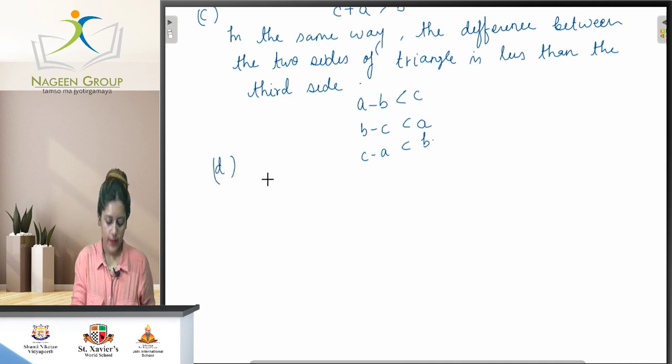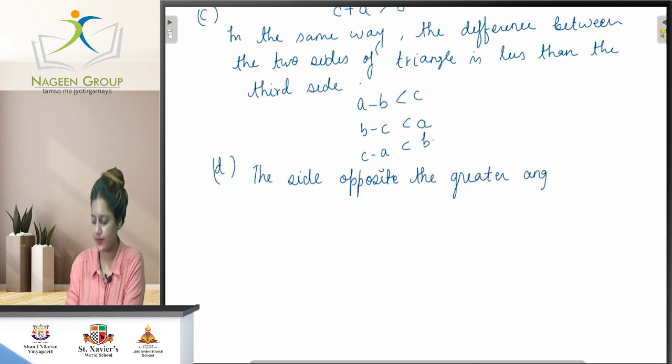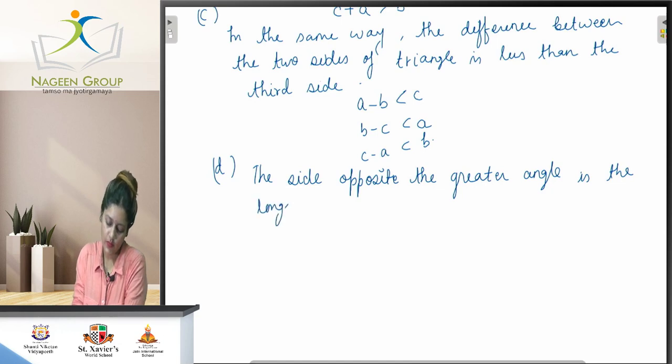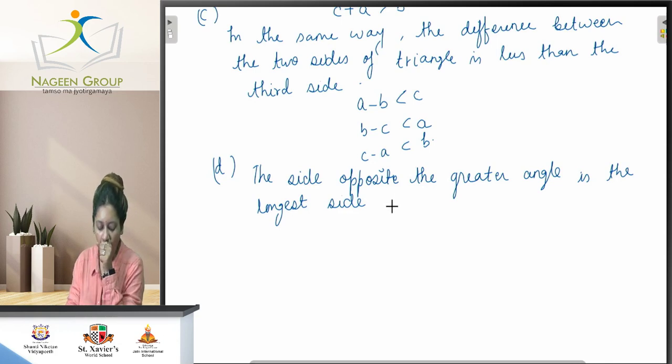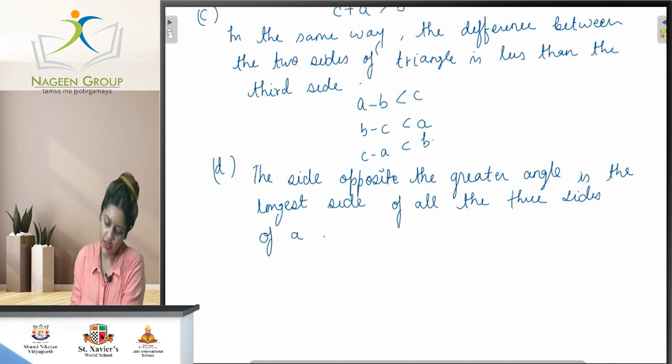D, the side opposite the greater angle is the longest side of all three sides of a triangle.